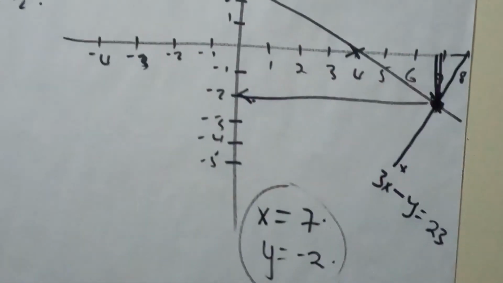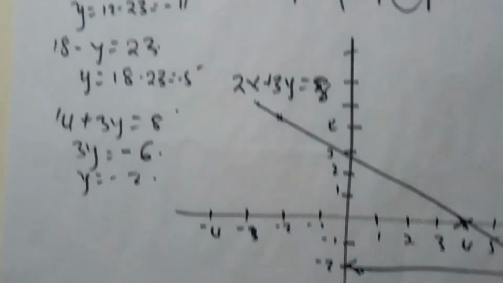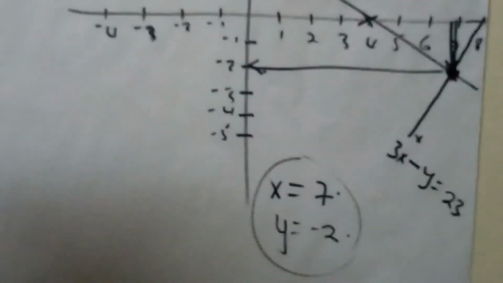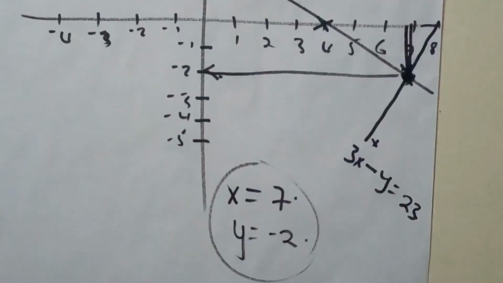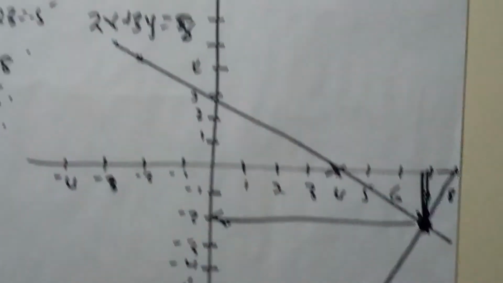And that is just like it. Every time you want to solve simultaneous equations graphically, please plot the two graphs in the same set of axes and note the coordinates of the point of intersection. In our case, x is 7 and y is negative 2.